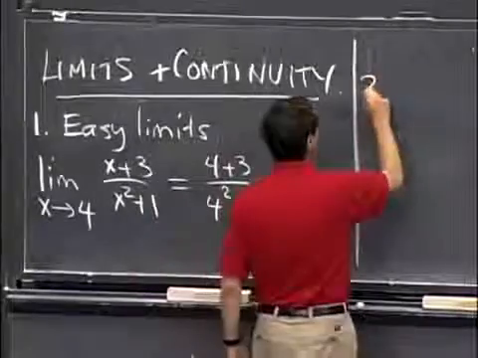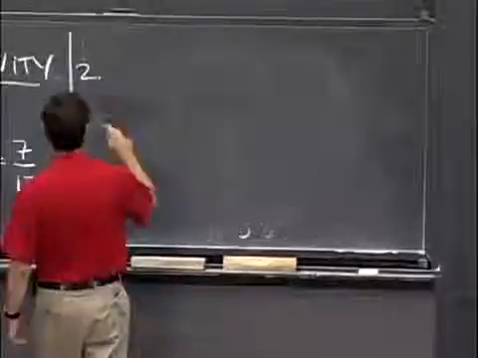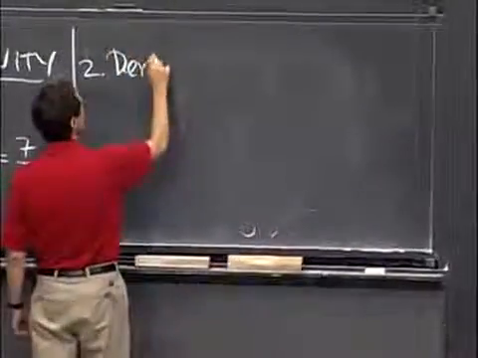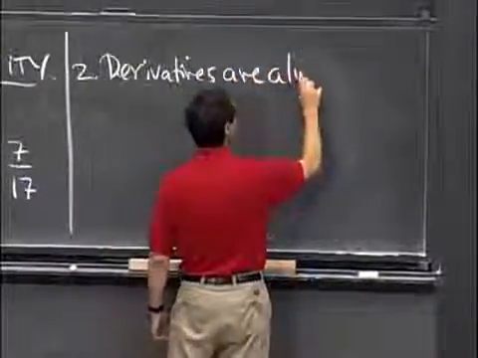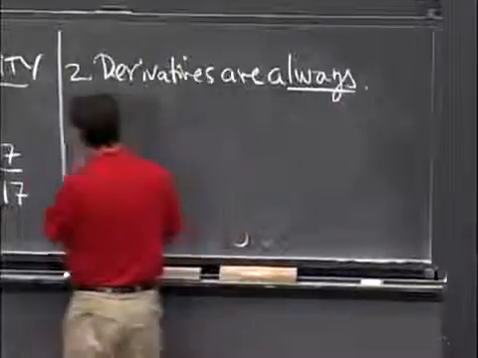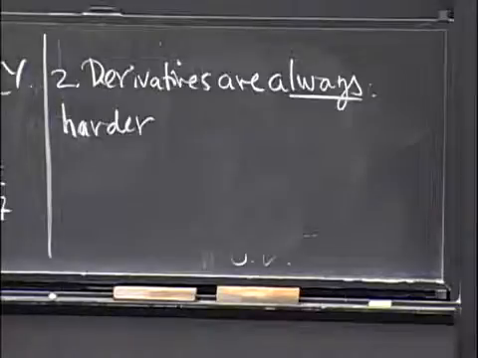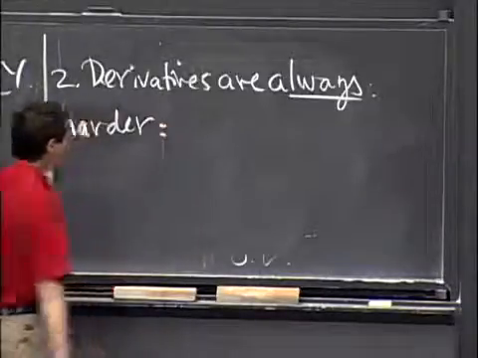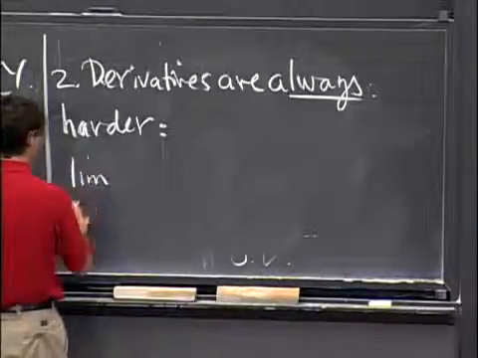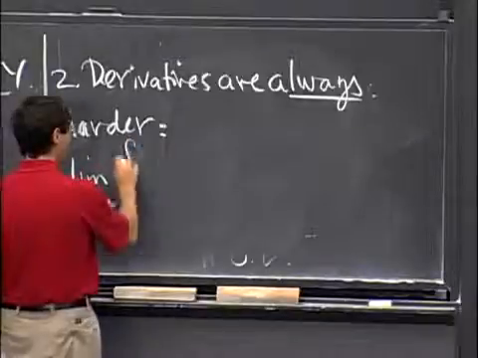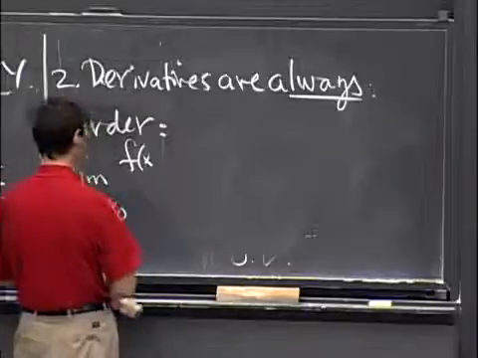The second kind of limit, and this isn't the only second kind of limit, but I just want to point this out, is very important: derivatives are always harder than this. You can't get away with nothing here. Why is that? When you take a derivative, you're taking the limit as x goes to x0 of f of x minus f of x0 over x minus x0.